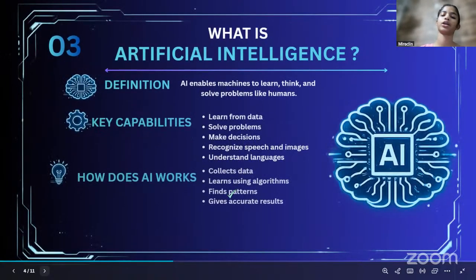What is artificial intelligence? Now let us understand what artificial intelligence means. Artificial intelligence, also called AI, is a technology that allows machines to think, learn, and make decisions like humans. For example, when YouTube recommends videos based on what we watch, it uses AI. Let me ask you something.